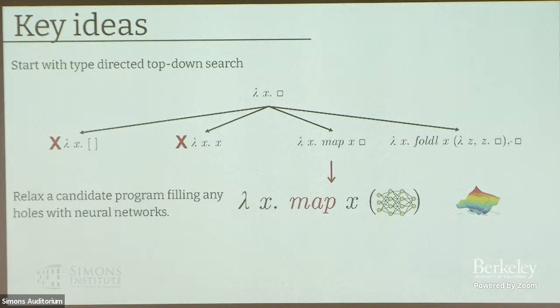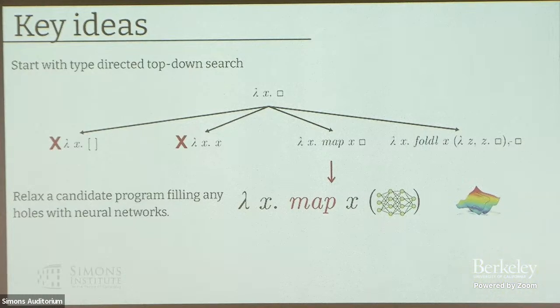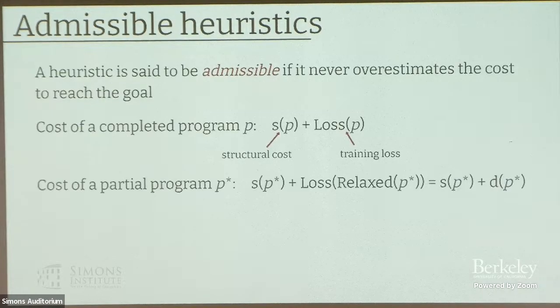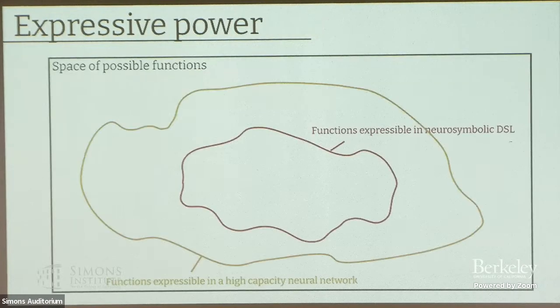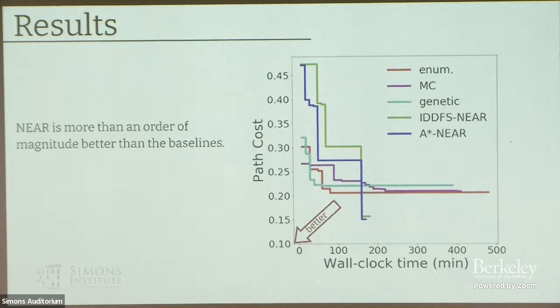It also has the advantage that this works even if your components or your building blocks have numerical parameters that have to be optimized in order to get the correct solution. So it's actually a pretty powerful algorithm that has been used in a number of domains.